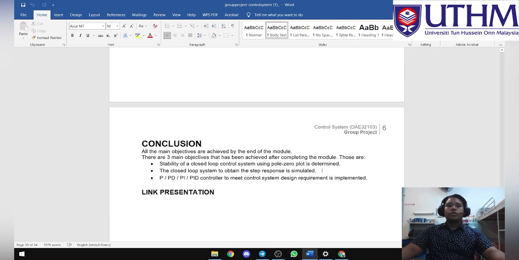Second, the closed loop system to obtain the state response is simulated. Third, P, PD, PID controller to meet control system design requirements is implemented. So that's all from me.